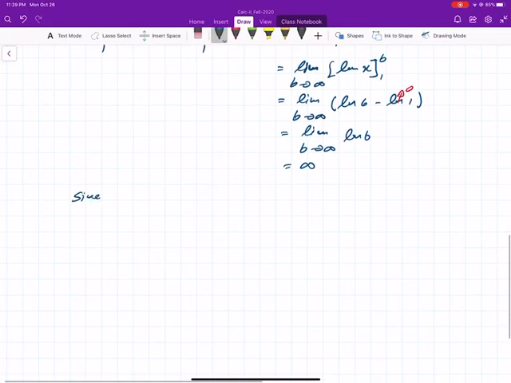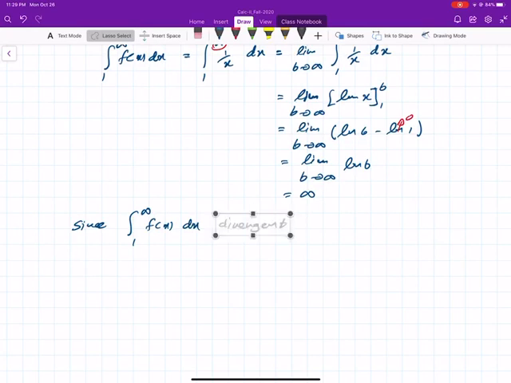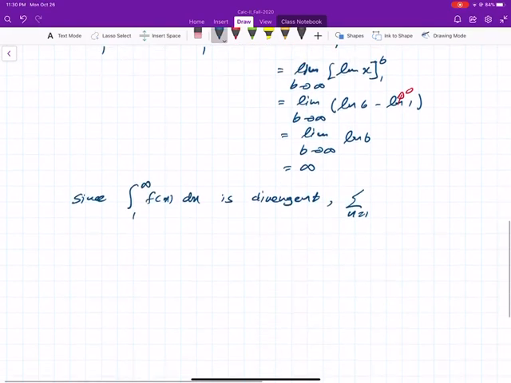Since the integral from 1 to infinity of f of x is divergent, this series, the sum from n equals 1 to infinity of 1 over n, is divergent.